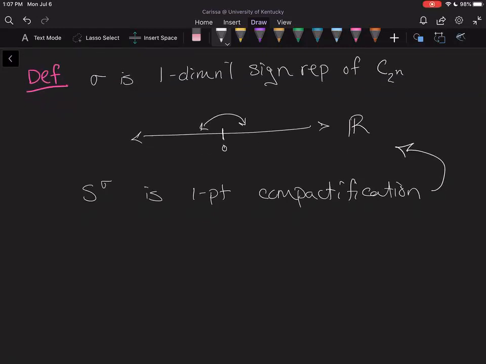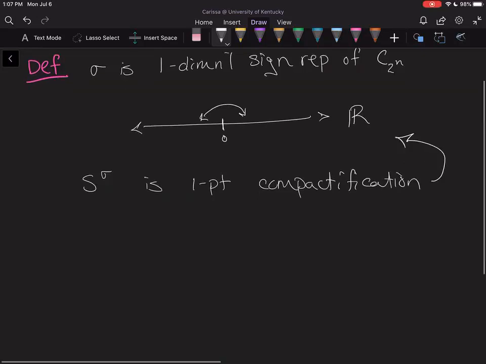Now, when we have CW complexes, we write down the cell structure. S^sigma has a group action, though, an action by C_2. So we actually have an equivariant cell structure.